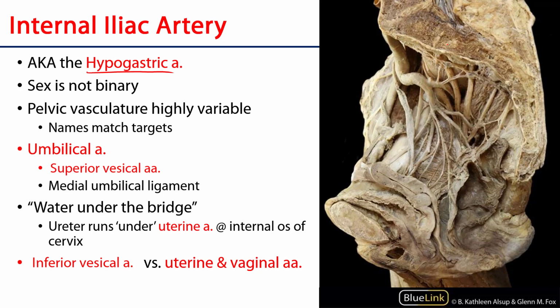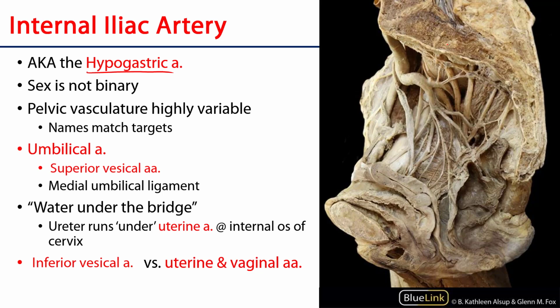It is a gross oversimplification, as you likely already know, or if not, will learn or at least come to understand, hopefully. But when we talk about the pelvic vasculature, and we will talk in much more granular detail about it in the reproductive sequences, you'll come to understand that the branches of the internal iliac artery are all named for their targets. And there's quite a bit of variation to be had here.